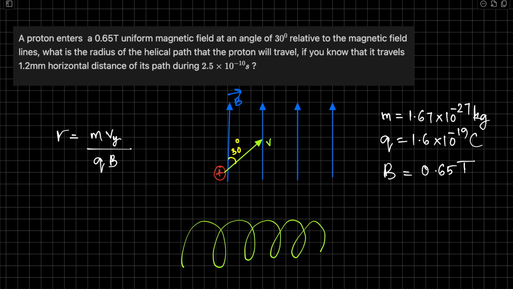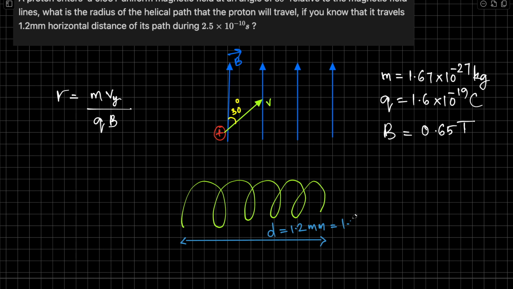It's a helical path, and the horizontal distance is given. This distance is d, that is 1.2 millimeter, which is equal to 1.2 times 10 to the power minus 3 meters, and the time taken to cover this distance, t, equals 2.5 times 10 to the power minus 10 seconds. So we can find the x component of the velocity. This is the horizontal distance, right?